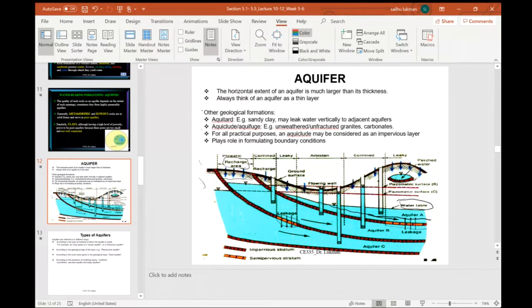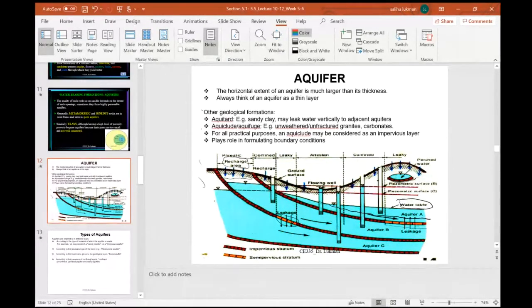That height depends on the water table in the recharge area. If you look at the recharge area here, this is the water table at this point. So when you sink your well inside aquifer B, the water will rise up to the level of the water table in the recharge area, because that is like the pressure head, or the piezometric head.